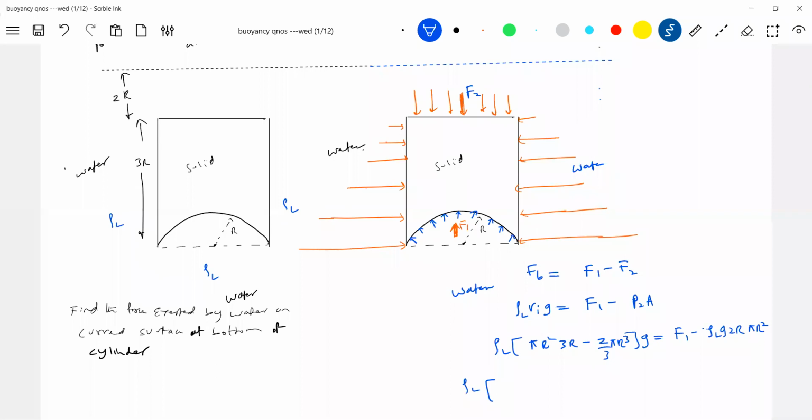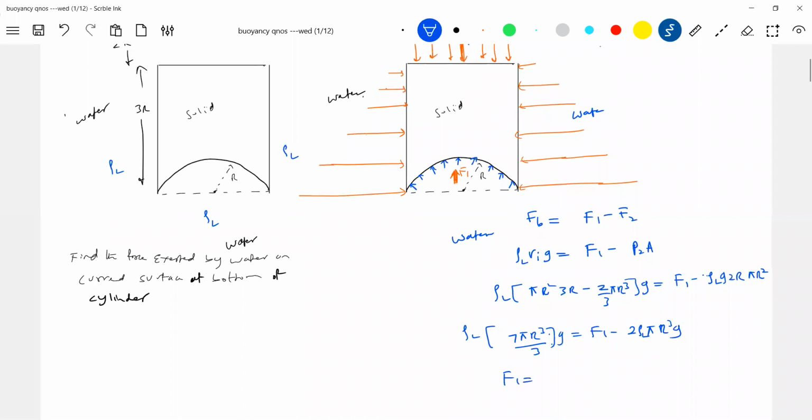Rho L, this will be 9 minus 2, 7, 7 pi R cube by 3 g. So this will be 2 rho L pi R cube g.